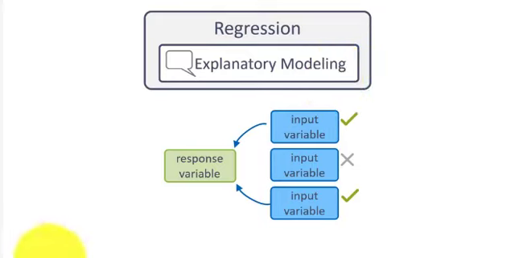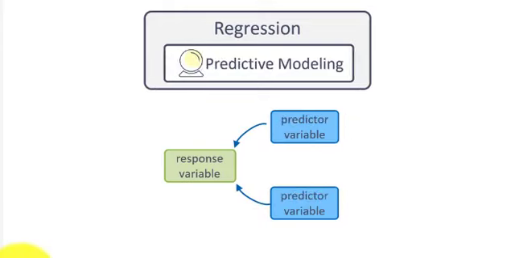However, there is another type of analysis that you can use a regression model in, which is predictive modeling, and that's what we have been doing in the data mining course.